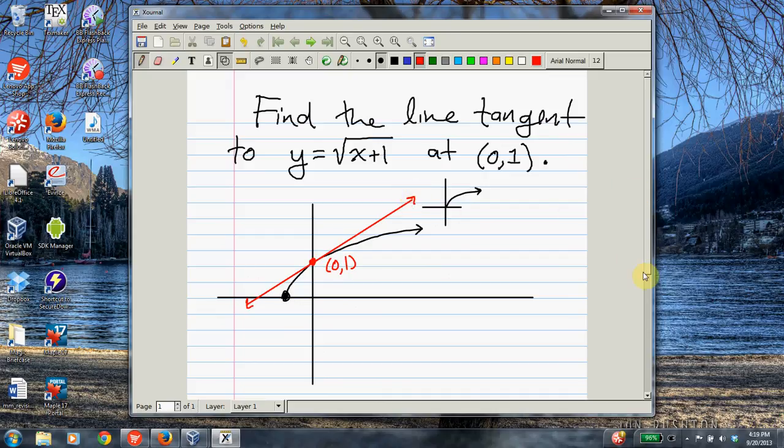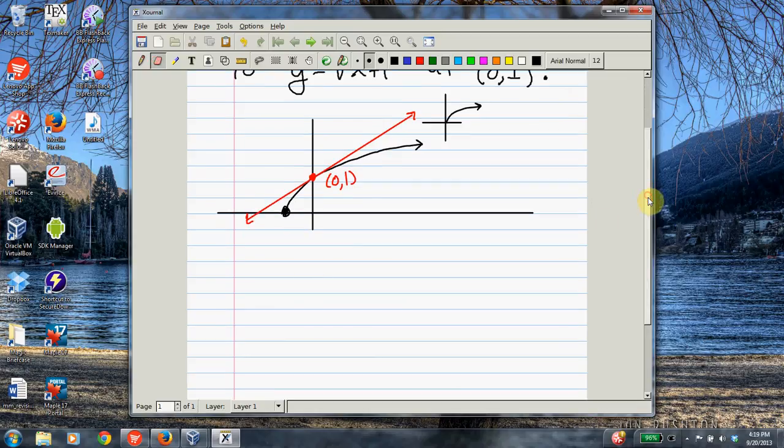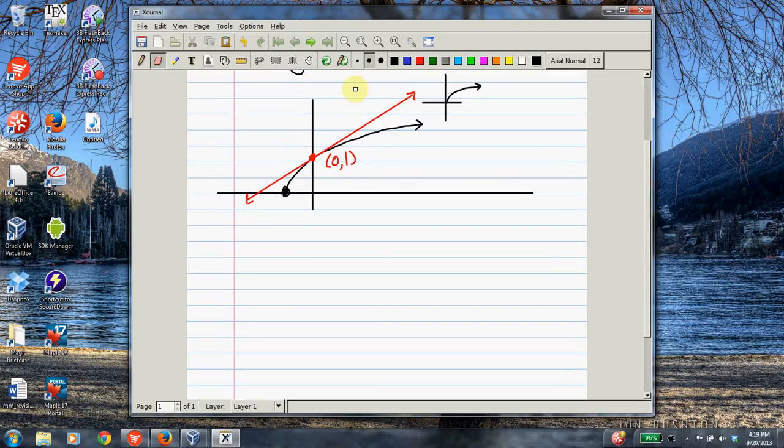Alright, so let's do it as a limit first, and then we will try to do it using our shortcut method. What we really want to know here is the slope of the line, because that's the only thing we don't know. The point slope form of a line gives us a way to find the equation for a line if you know a point on the line and the slope. And we already know the point on the line, right?